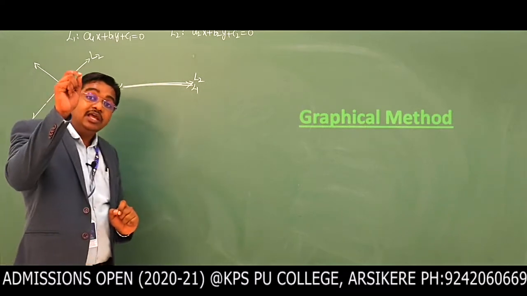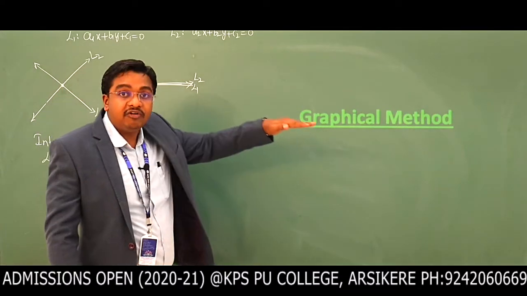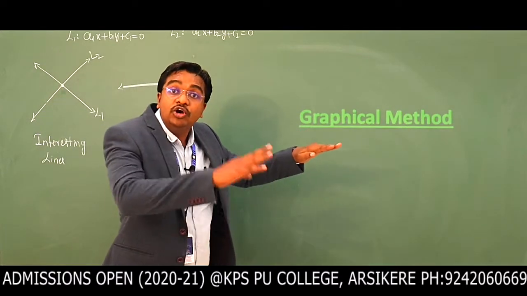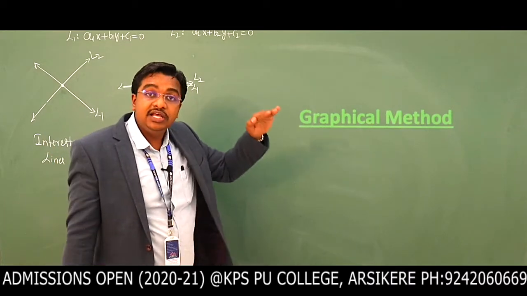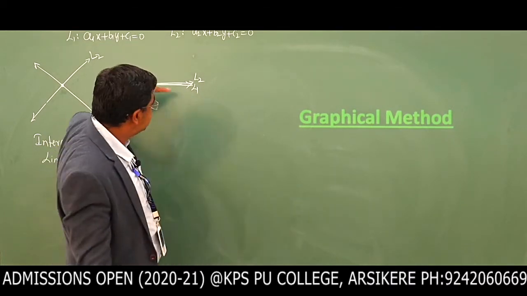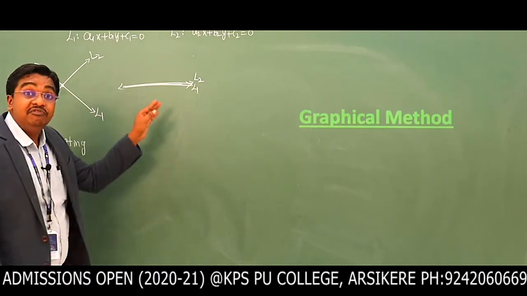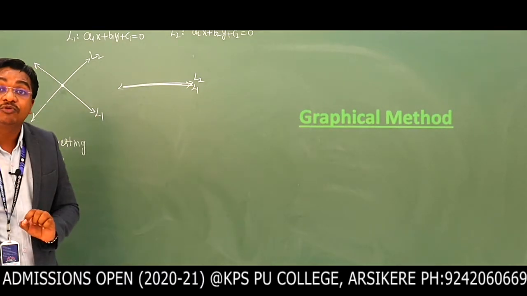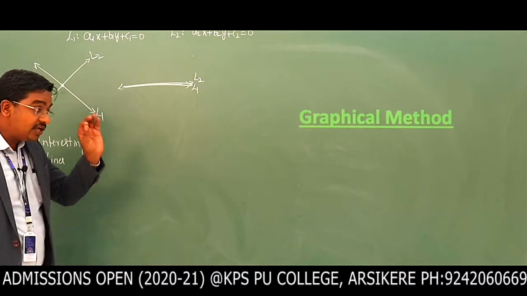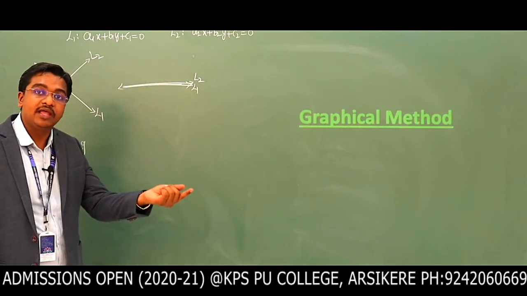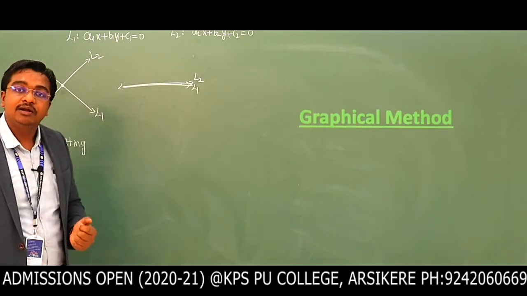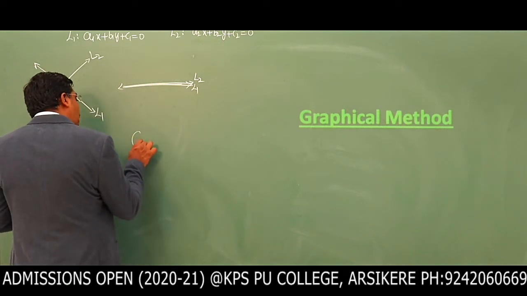Coincident means each and every point on line L1 is common to line L2. It means each and every point on this line represents a solution. So how many points do we get here? We get an infinite number of points, which means an infinite number of solutions. This is the case of coincident lines.